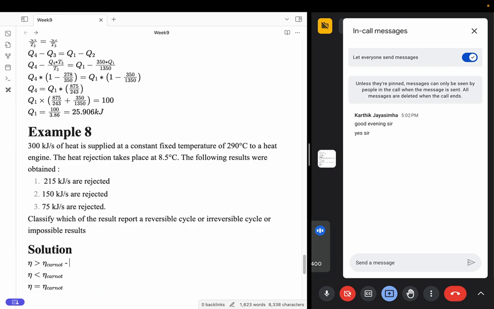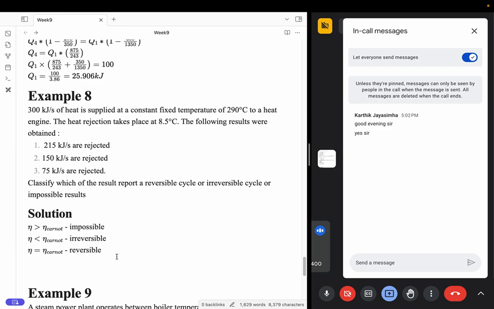The first one is the case where, if it is greater than, then it is not possible. If it is less than, then there are some irreversibilities. If both are equal, then it is a reversible cycle. With this information, you can just calculate for the given values. Since the source and sink temperatures are given, we can directly calculate the Carnot efficiency.